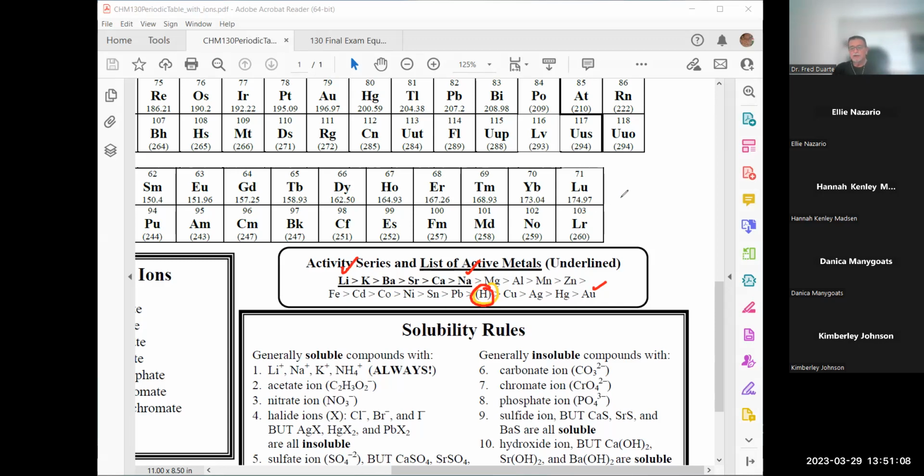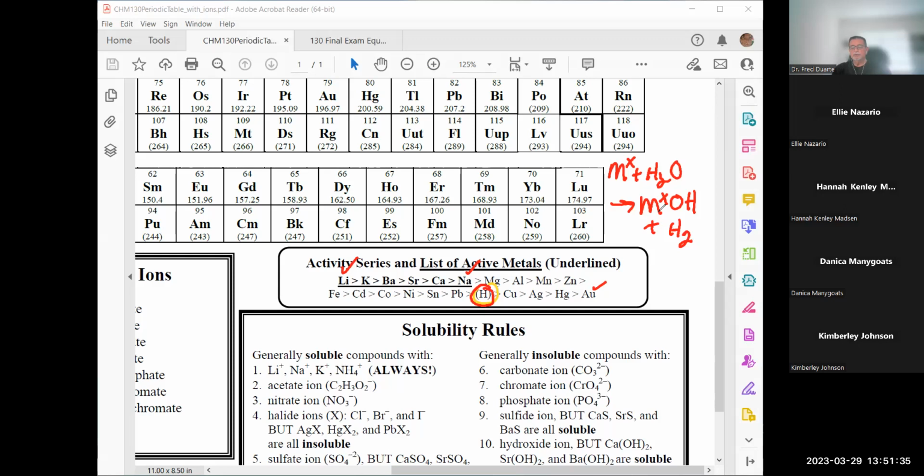Those metals, which I'm going to label as MX to represent lithium through sodium, when they react with water, produce MX hydroxide plus hydrogen.